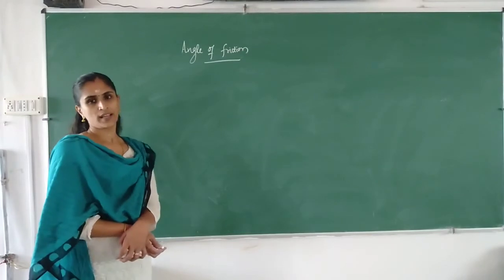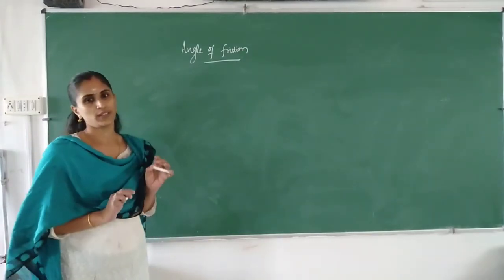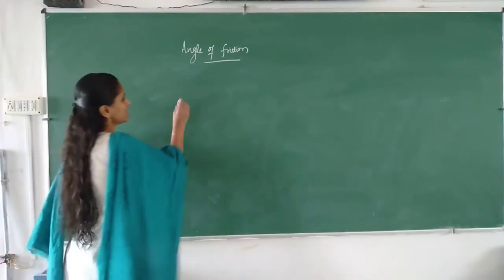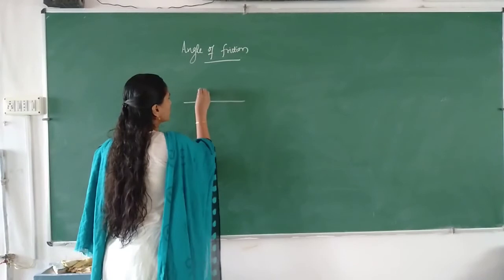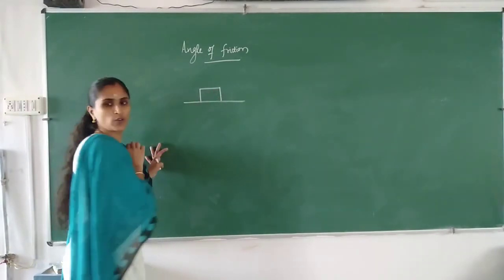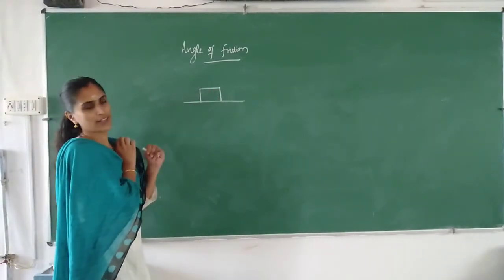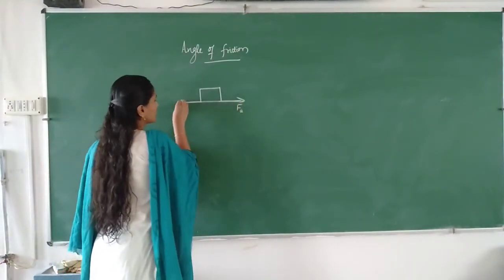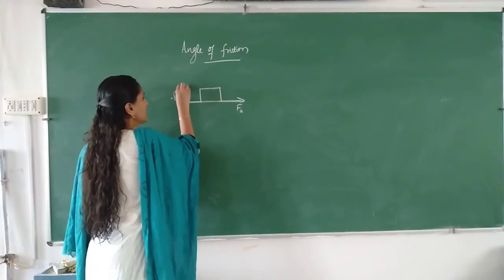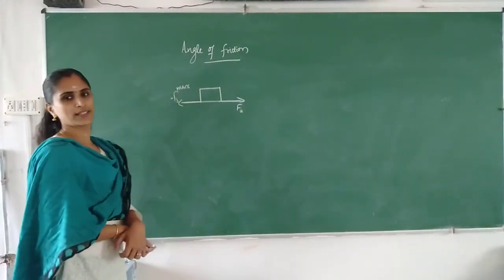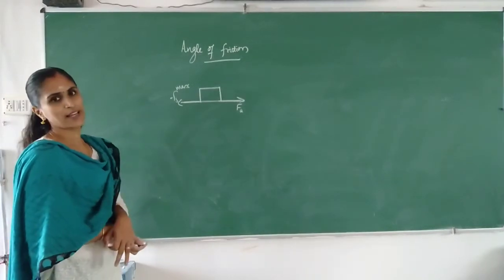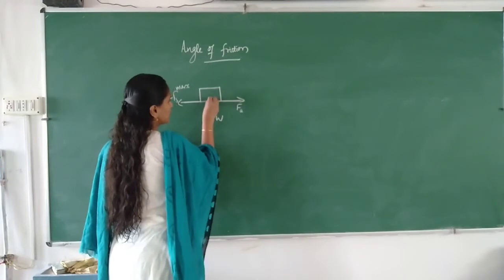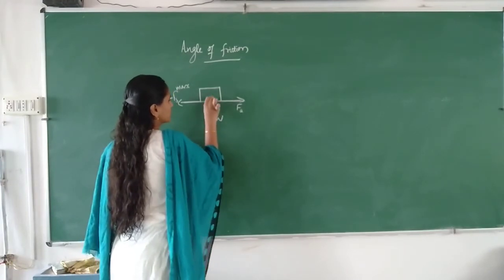So what is meant by angle of friction? Before defining it, we'll see the case of an object lying over the surface. The applied force is in this direction. Limiting friction, or static friction, is acting in this direction, weight is acting vertically downwards, and there is normal reaction.